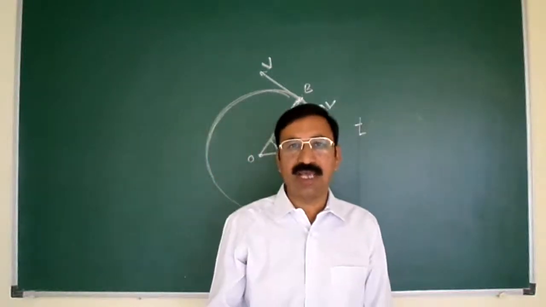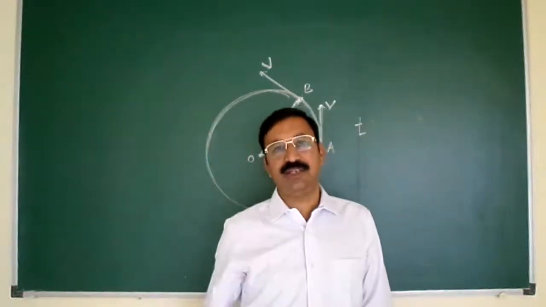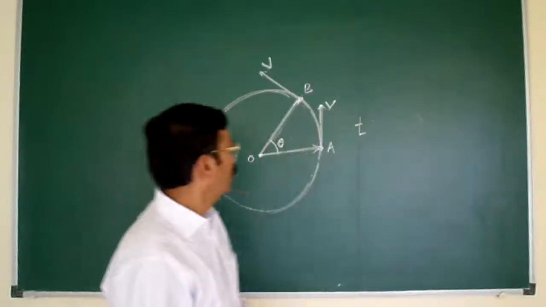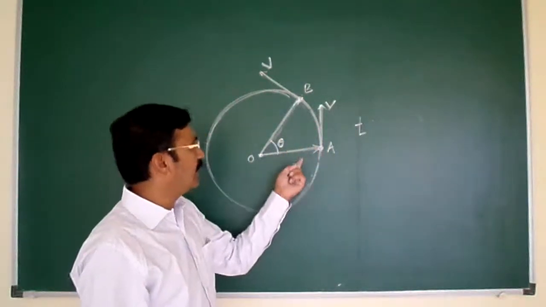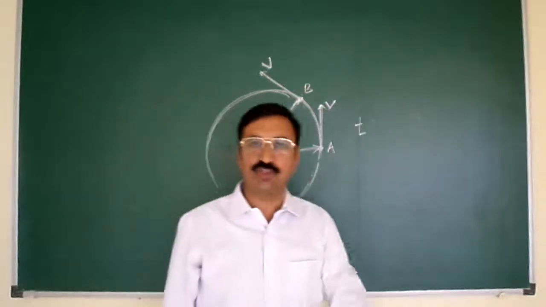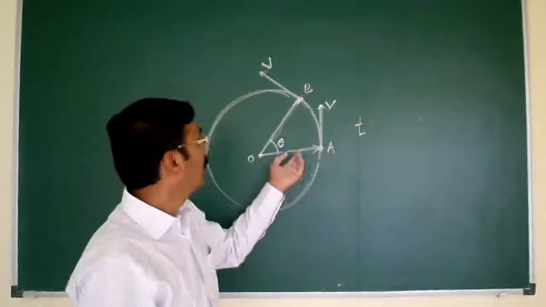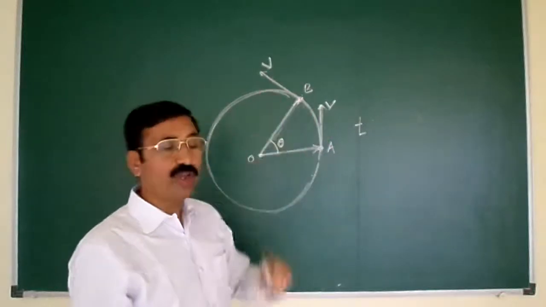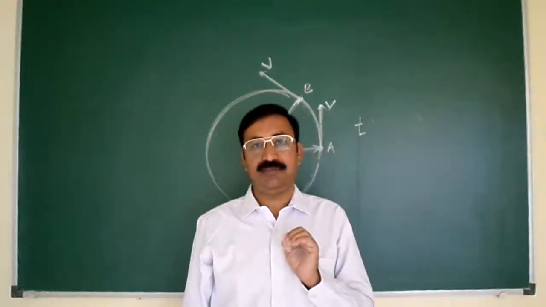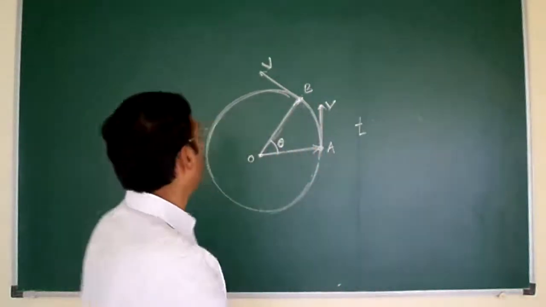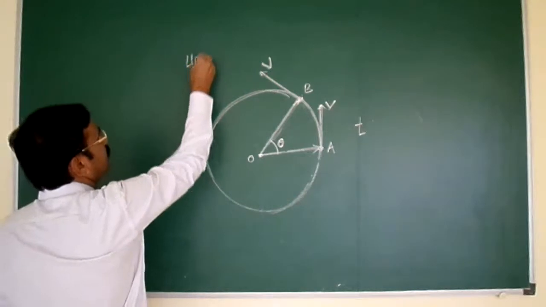This is called radial acceleration or centripetal acceleration. So whenever a particle moves on the circumference of a circle, and the magnitude of the velocity remains constant, the type of circular motion is called uniform circular motion.